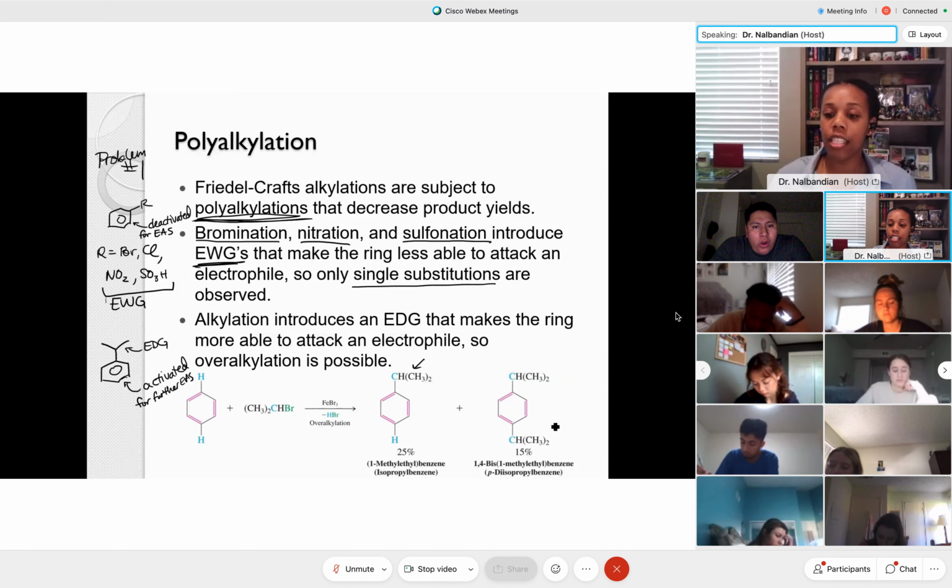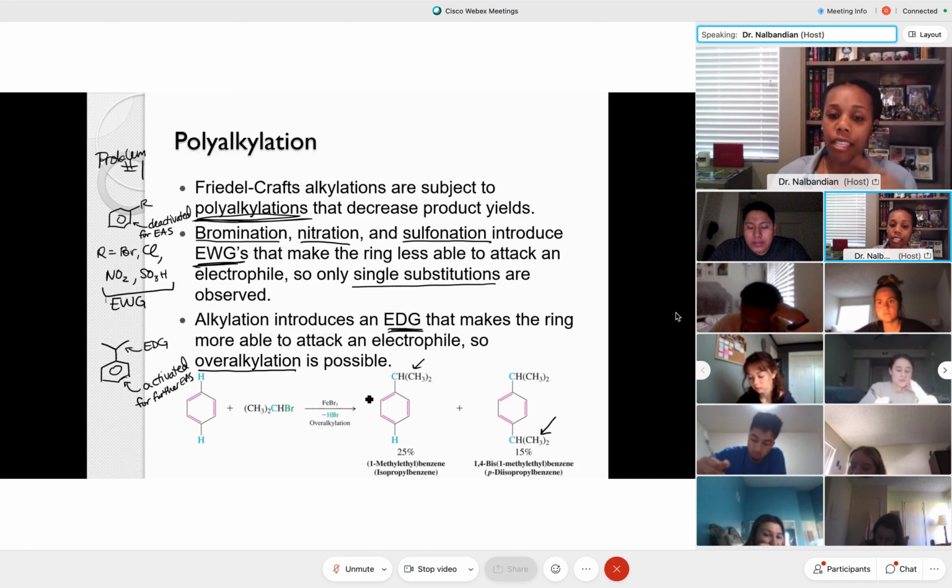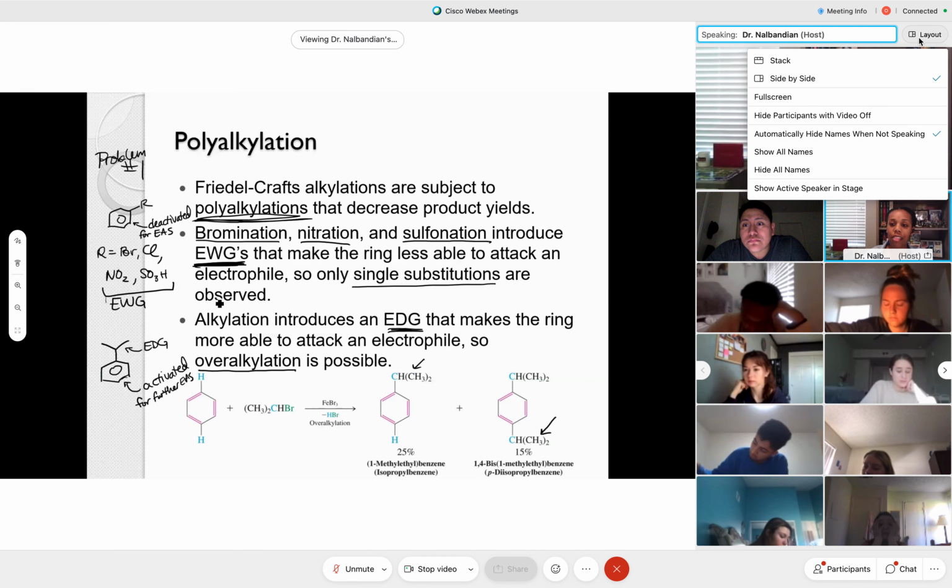And so it is easy for us to add a second or third or fourth alkyl group, so we can do over-alkylation. Because we have an electron donating group that we're introducing in our first electrophilic aromatic substitution reaction, it makes us more able to do further electrophilic aromatic substitution reactions. But if you have an electron withdrawing group, then that's going to slow down the reaction enough that you can only do a single substitution. Questions on that?